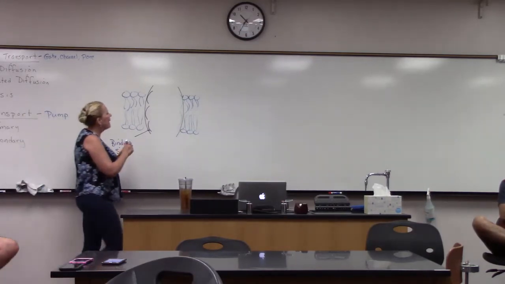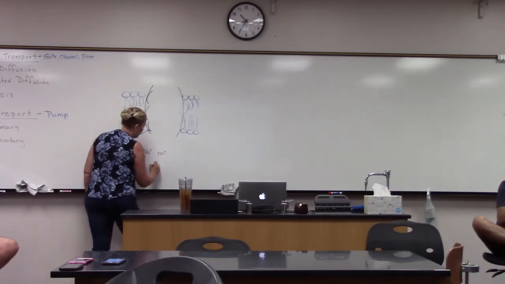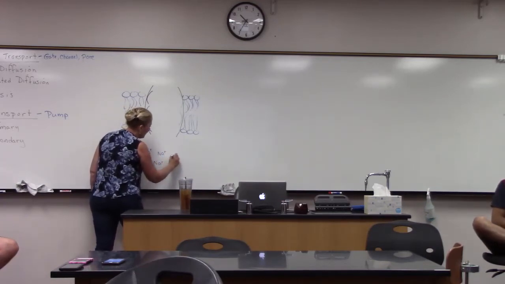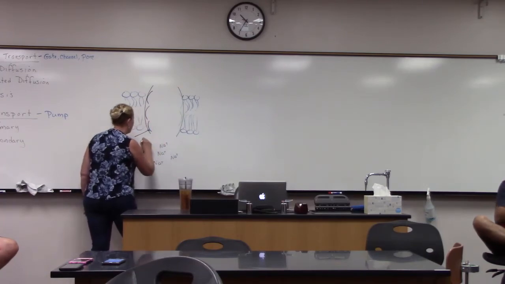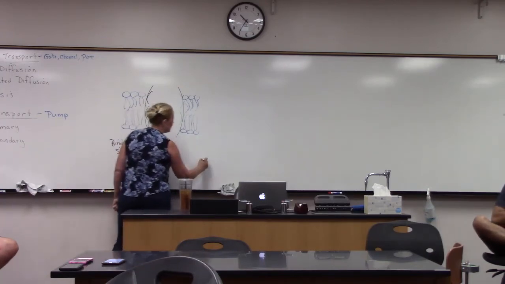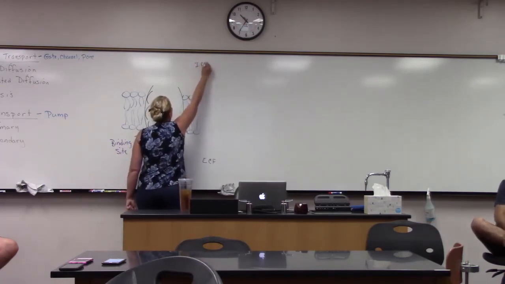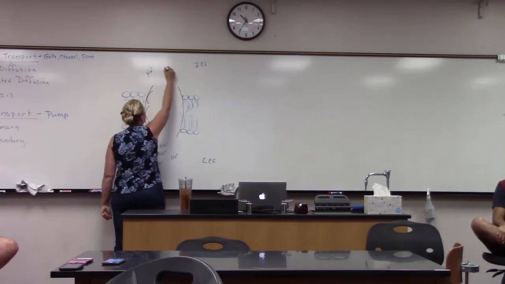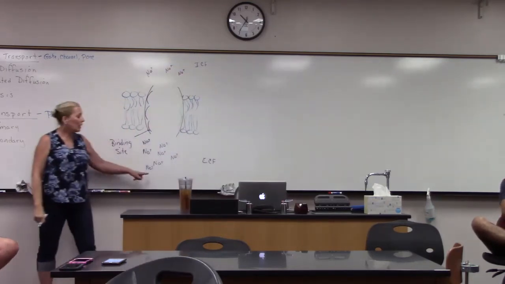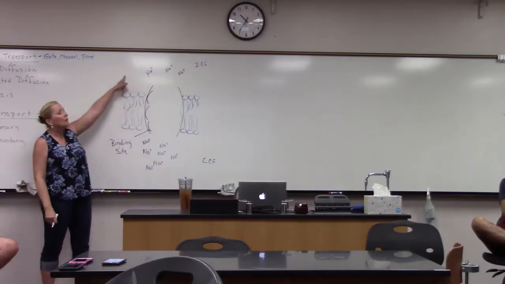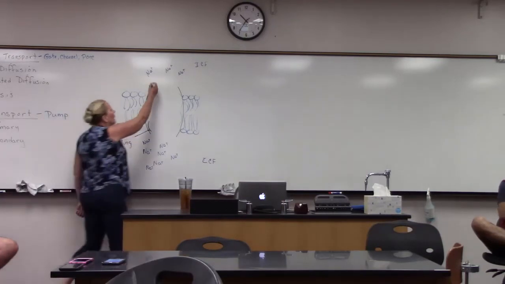So let's say that we have a very high concentration of sodium on this side of the membrane. Lots and lots of sodium ions floating around. And we can say this is our extracellular fluid, this is our intracellular fluid, and we don't have as much sodium here. Okay? So much higher concentration on the outside of the cell, much lower concentration on the inside of the cell.